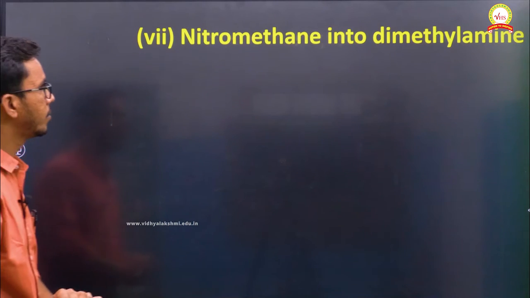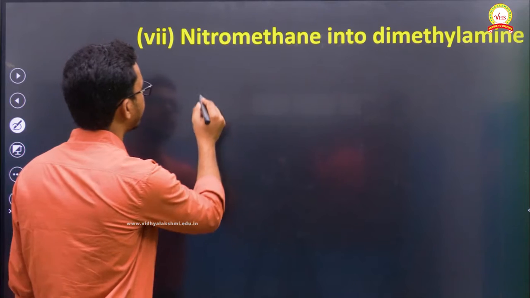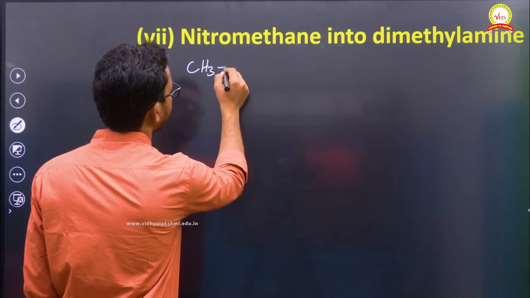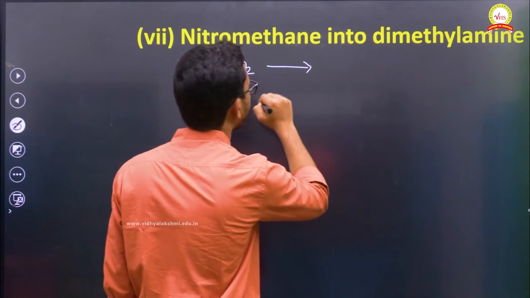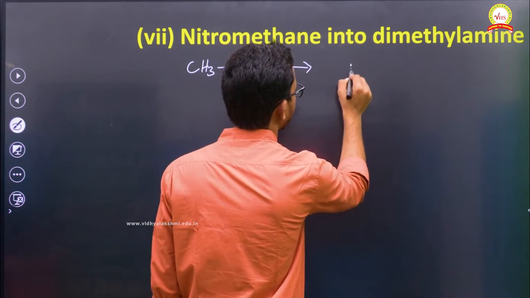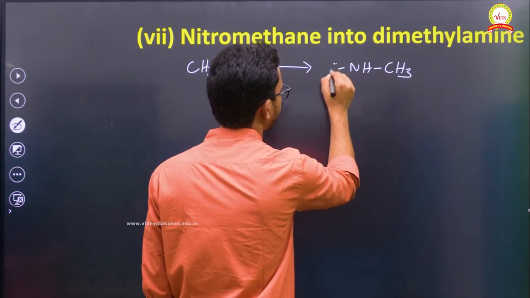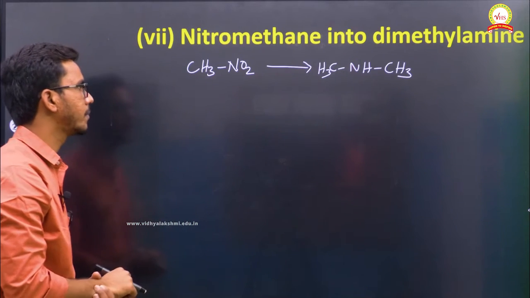Nitromethane into dimethylamine. What is this one? Nitromethane, that is CH3NO2, into dimethylamine, that is NH with methyl group and methyl group. This is the conversion. How can we do this particular conversion?